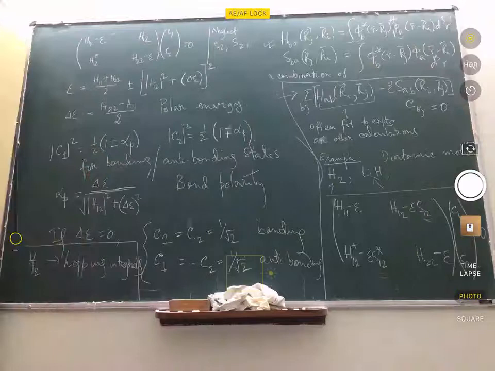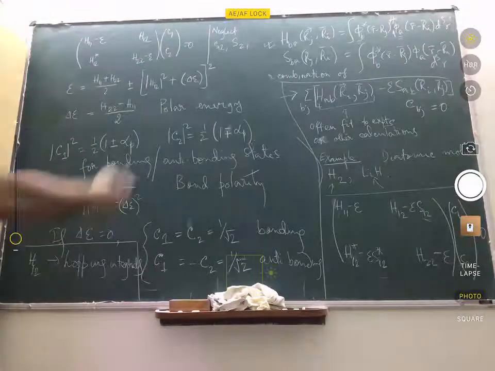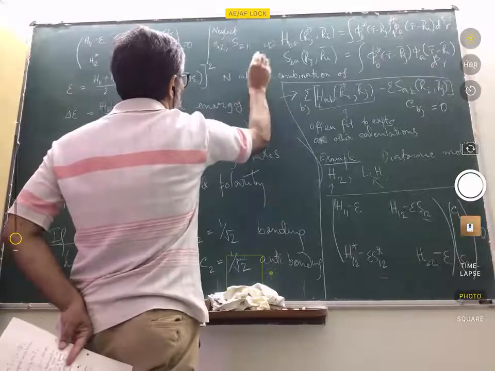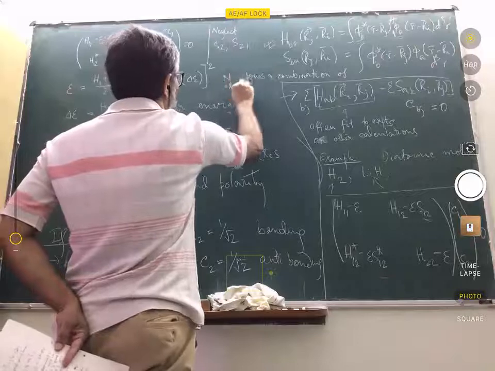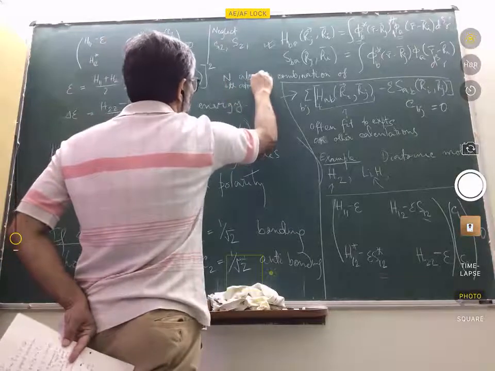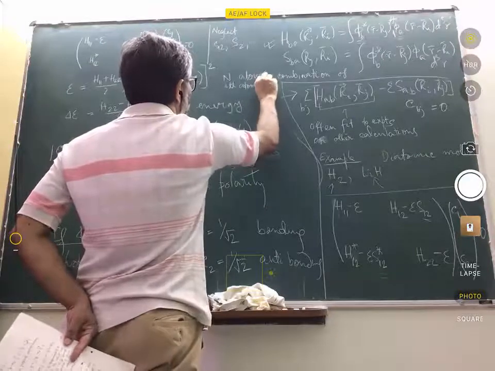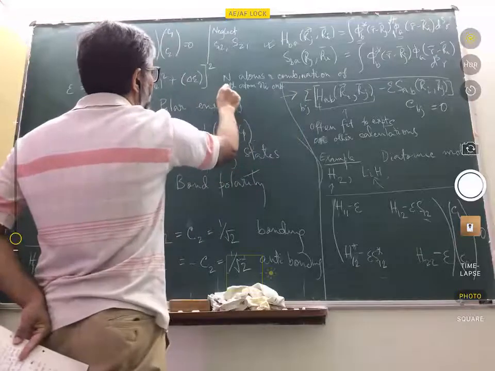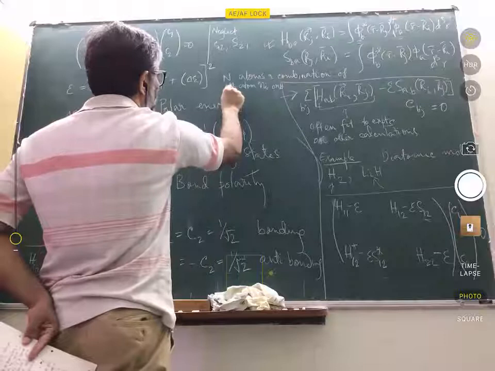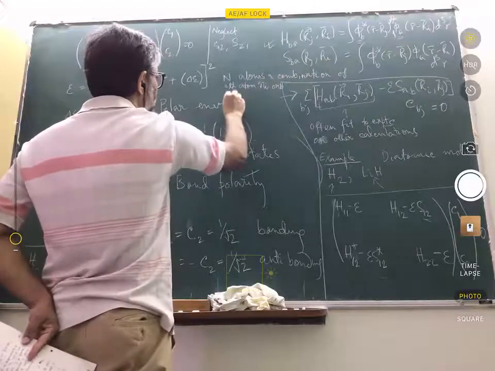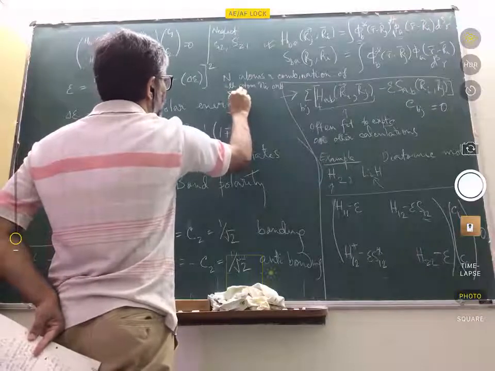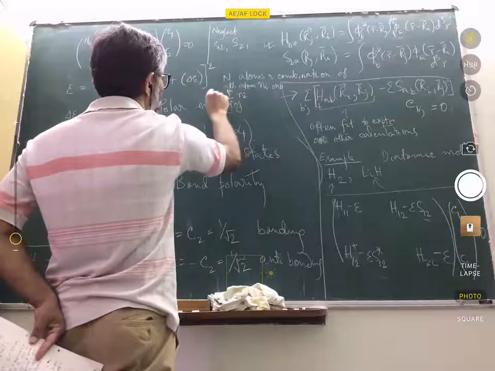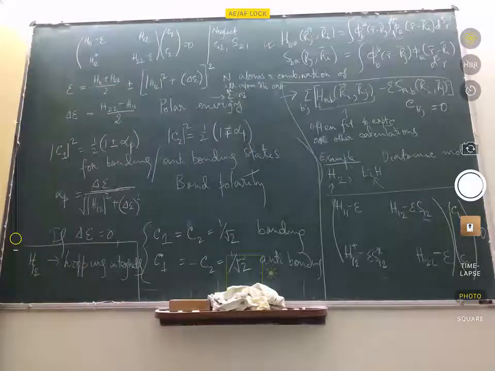In principle, I can have more than 1 atomic orbital on each atom. So if I have, let's say, N atoms in the system, and the ith atom has Ni orbitals on it that I include in my basis, then the total number of such basis functions I'll have is the sum of Ni orbitals on the ith atom, with i going from 1 to capital N. So that will be the total number of orbitals in my basis, the total number of basis functions.